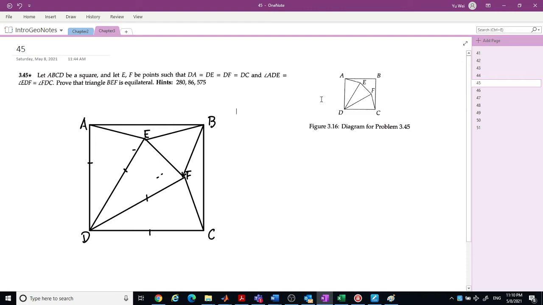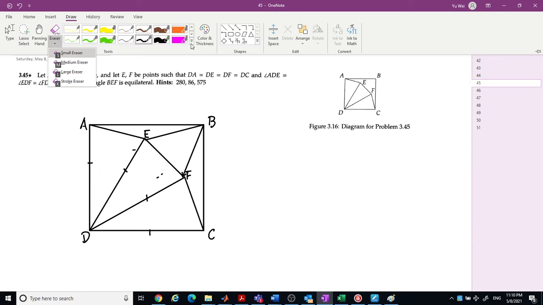I have to draw the picture here. Here is the square ABCD, and inside we have AE, DE, and DF equal to AD and CD, and all the angles are the same, right? So we need to parameterize it.